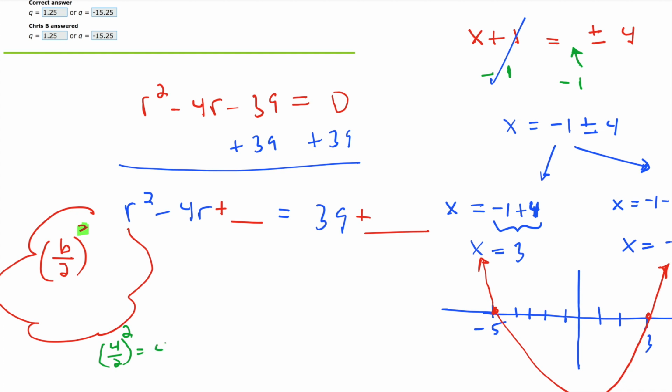All right, so you get 4. So now what do I do with this 4? Like that? We good? We done? Why not? Because we can't just magically throw 4s in like that. We're not crazy. All right, so we have that. Now what do we do? R squared minus 4r plus 4 equals 43.